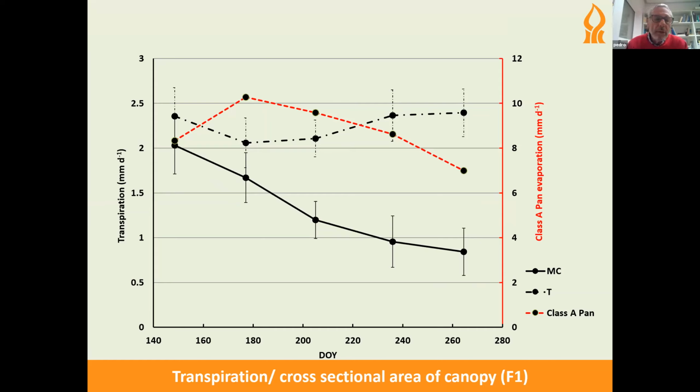What is interesting is that the transpiration from the trench practically did not change throughout the whole period, around 120, 130 days after applying the flood, while in the microcatchments, the transpiration is dropping considerably, less than half. And again, we have the Class A evaporation pan as a reference.